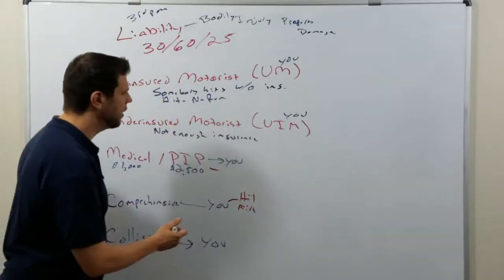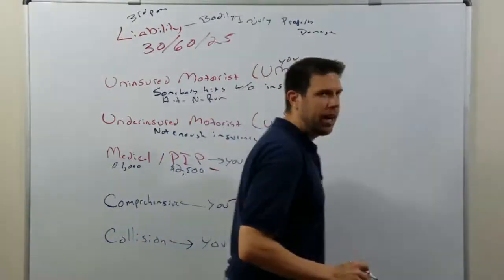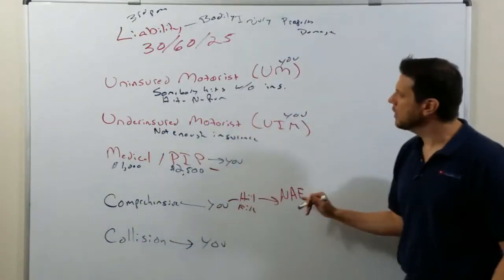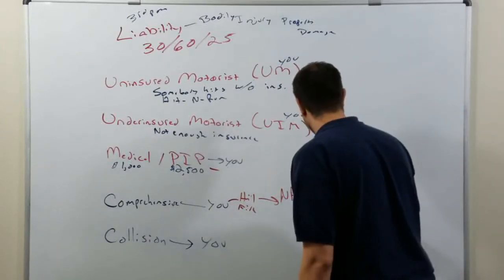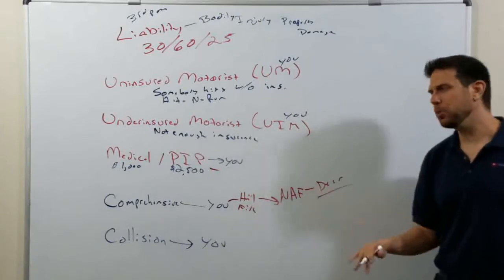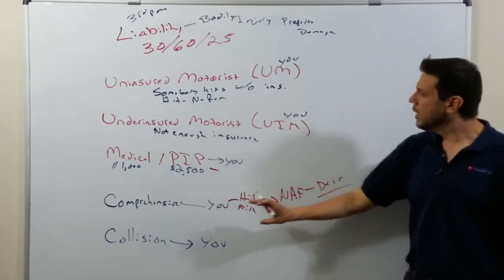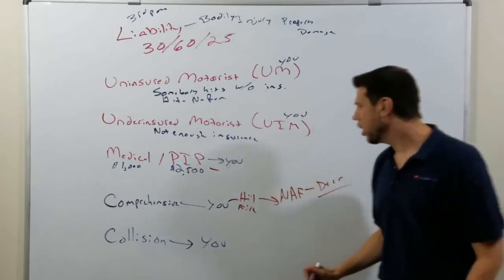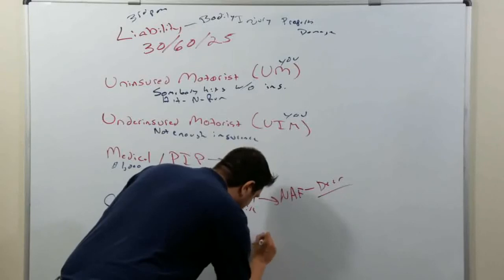Comprehensive is typically the not at fault accidents. Comprehensive is if you strike a deer, because deer and animals that you hit are not your fault. They just jump in front of you. Collision fixes your car if you have an at-fault accident.